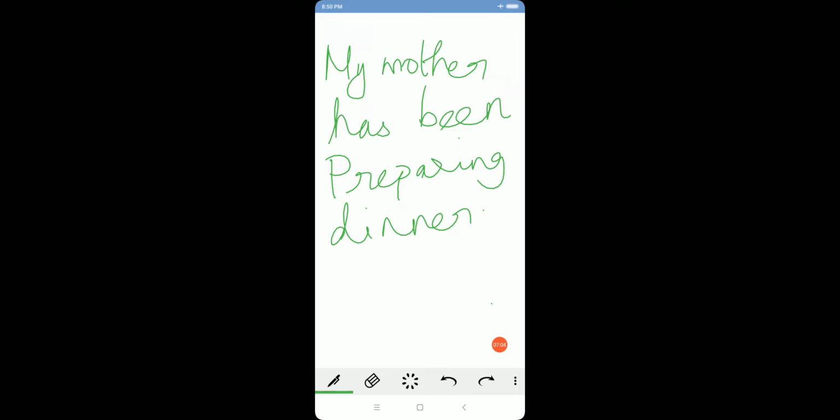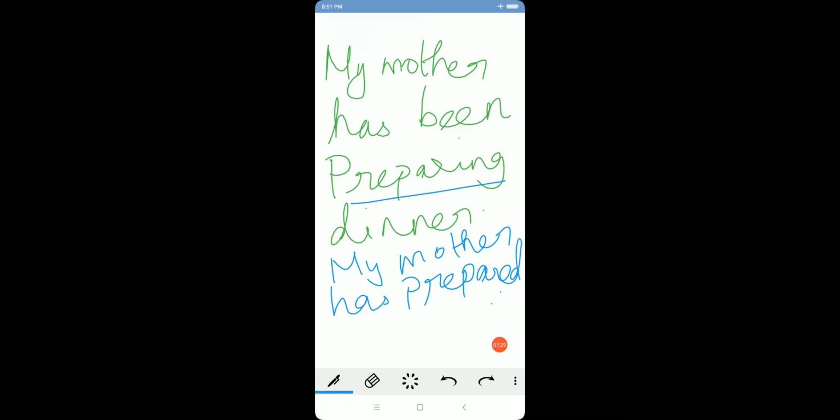How will you convert this sentence into present perfect tense? My mother has, so what is next? Past participle verb. The past participle of preparing is prepared. My mother has prepared dinner, right?